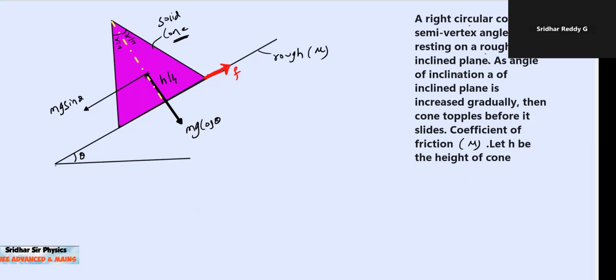About what point can it topple? About point P. Then the normal reaction will act through this point. Let the base of the cone be b by 2. Let h be the height of the cone and b be the base.